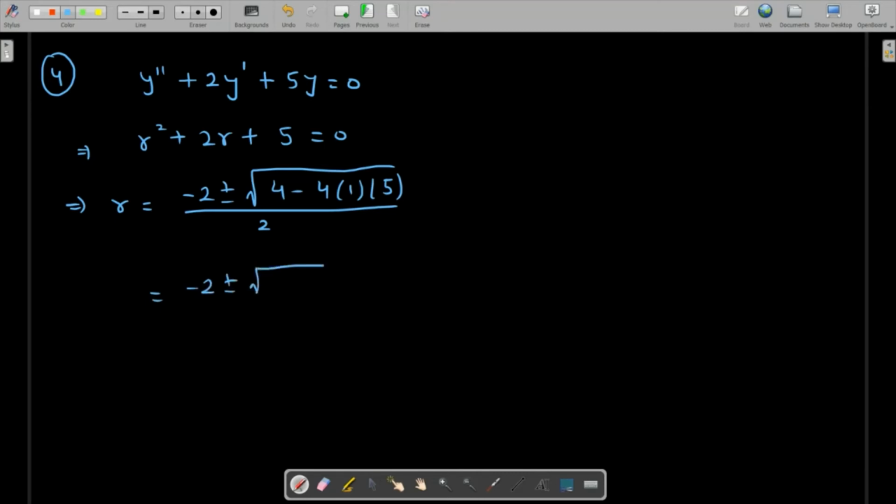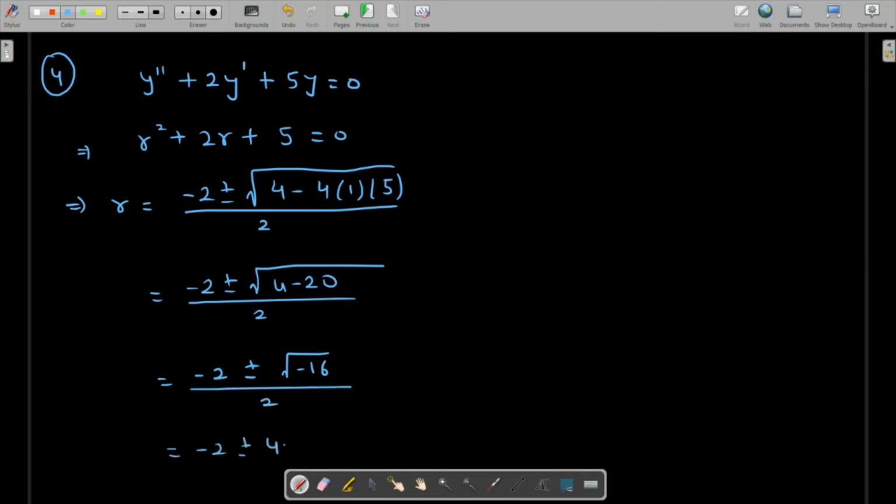So it's (−2 ± √(4 − 20))/2. So that's going to look like (−2 ± √(−16))/2, which is nothing but (−2 ± 4i)/2. And this can also be written as r = −1 ± 2i.